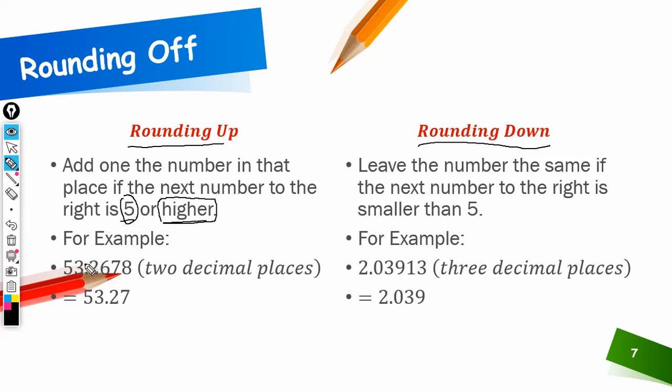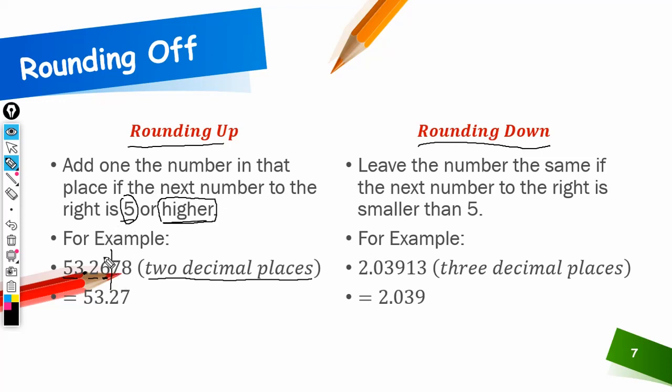Okay, let's see for example, 53.2678 into 2 decimal places. Jadi sampai dua angka desimal. 2 decimal places means that 2 numbers after the decimal point. So 1, 2. So this is 2 decimal places, right? Now see the number next to the right.